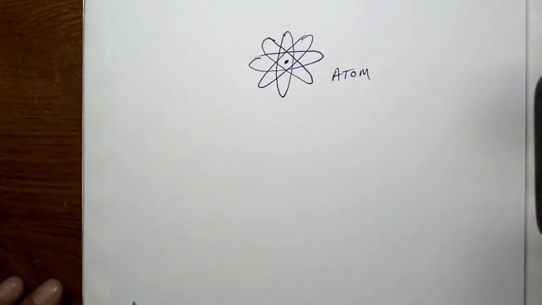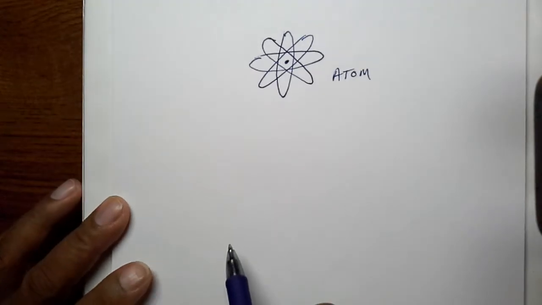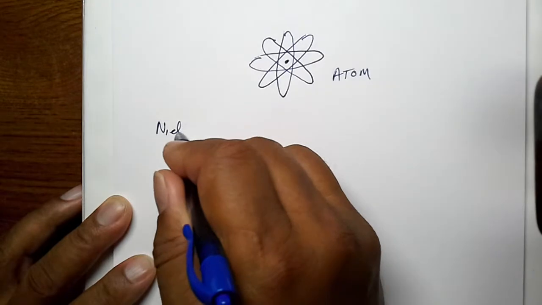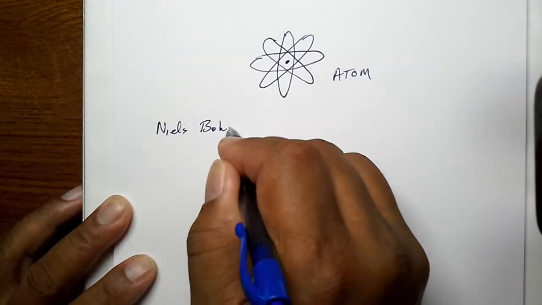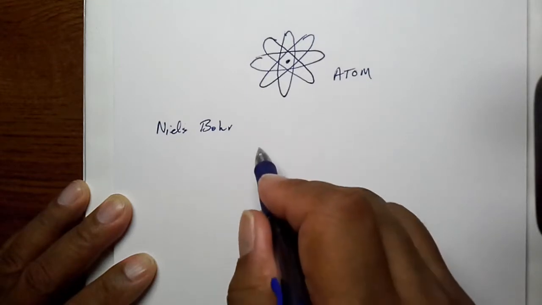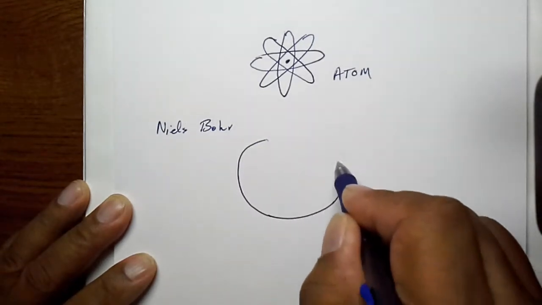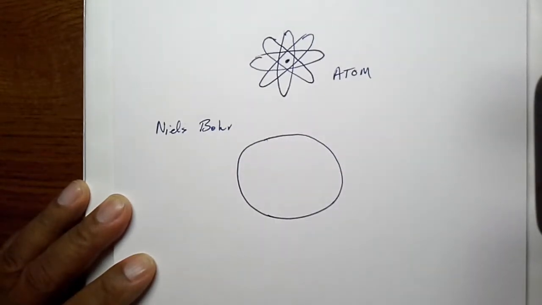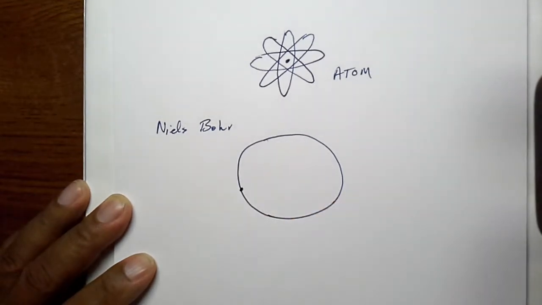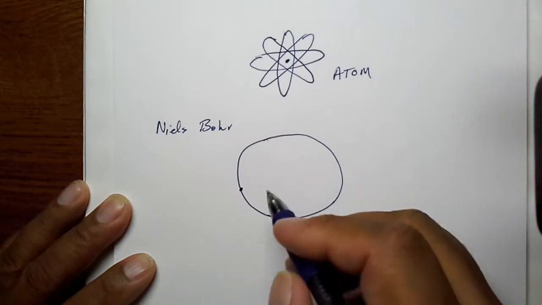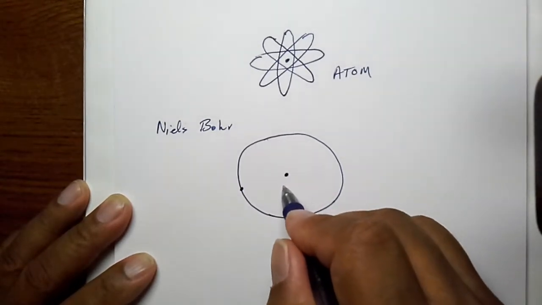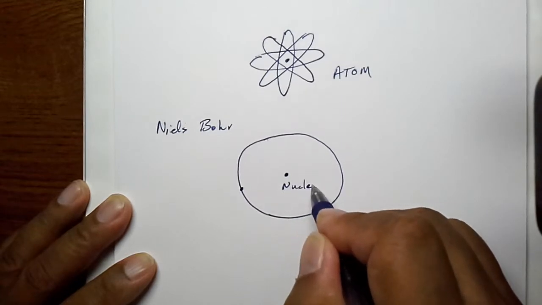Well, the actual arrangement of an atom was proposed by Niels Bohr, and his model consisted of an electron cloud. Okay, we'll put an electron in there. And in the center we had a nucleus. So this is a nucleus.